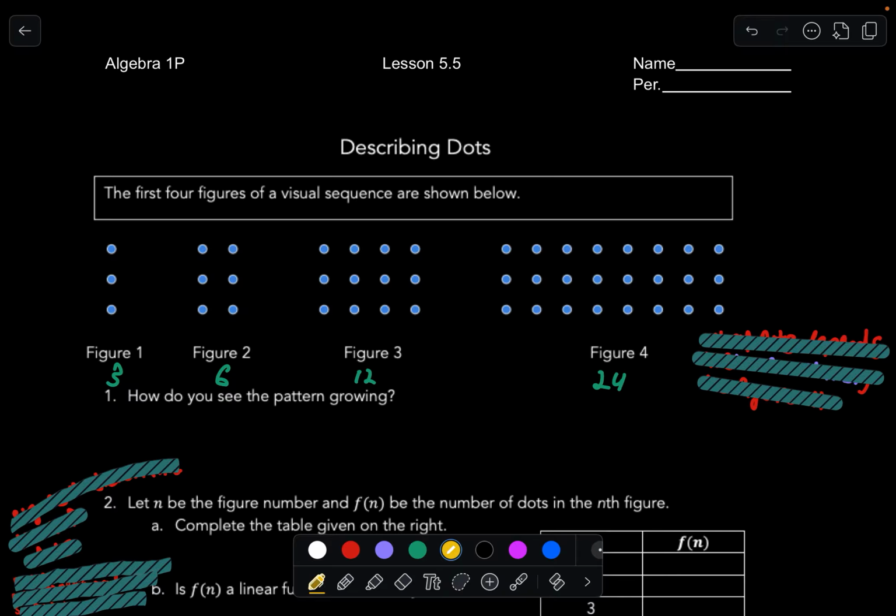Well, you could literally say each column consists of 3 dots.